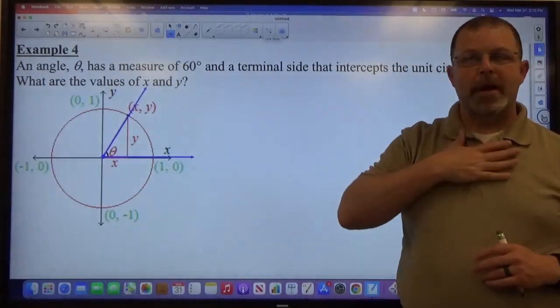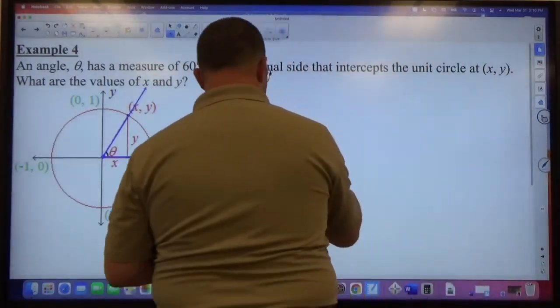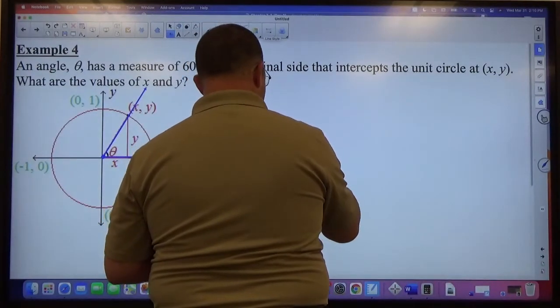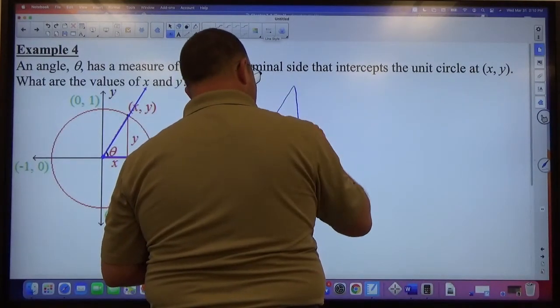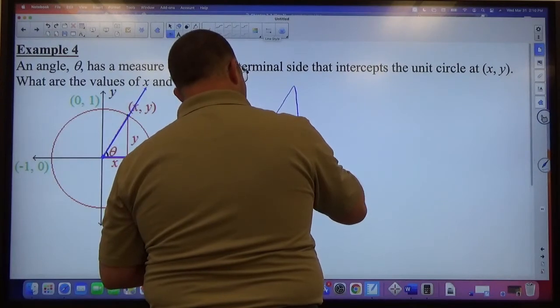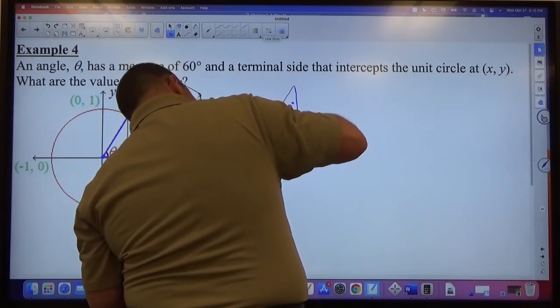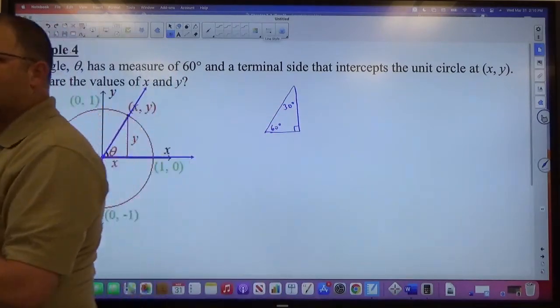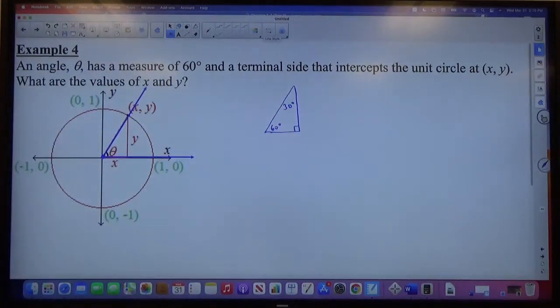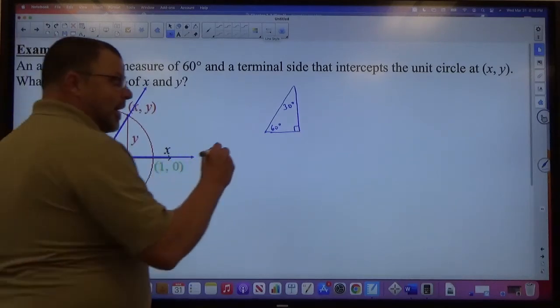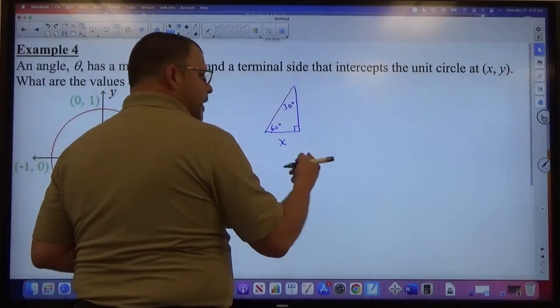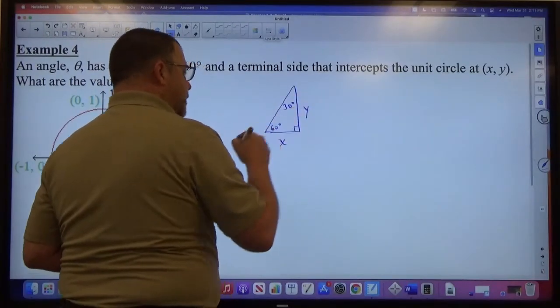What's going to be drawn on my paper is that triangle. So here's what it looks like. I'm going to draw a triangle with a 60-degree angle and a 30-degree angle. And I know they're a 60 and a 30-degree angle because I marked them that way. Do not get a protractor out, just kind of draw it right. The base here is x, and the height is y in the picture.